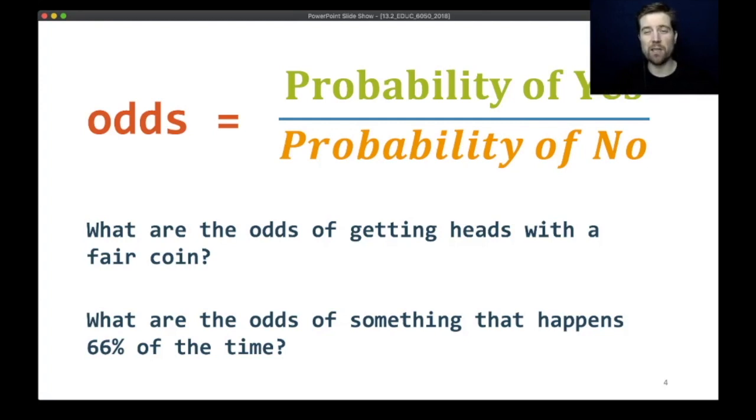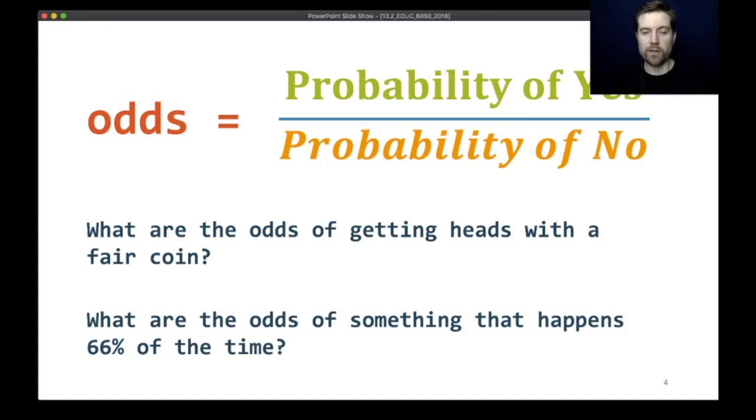The probability of a yes, of getting heads, is 50%, so 0.5. And then the probability of no, which in this case is just tails, is also 0.5. So what are the odds? It's 1. In other words, when the probability is equal between the yes and no, you just get 1.